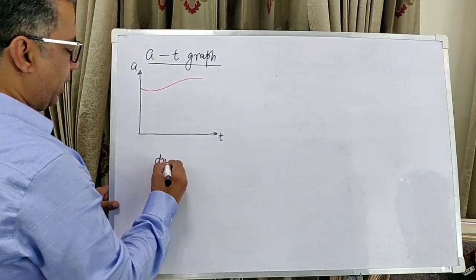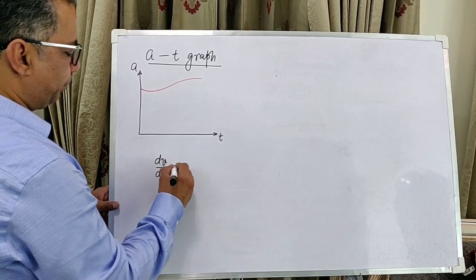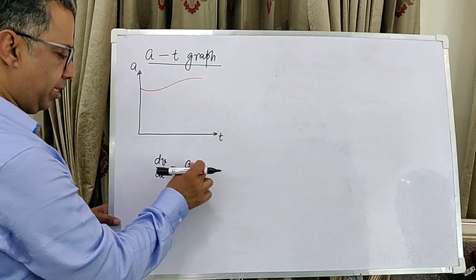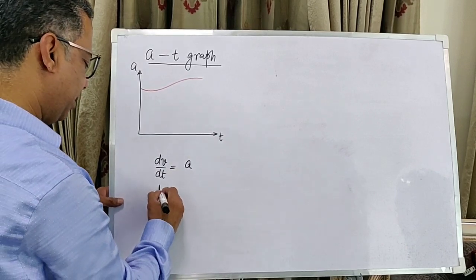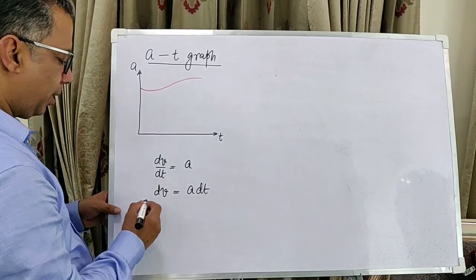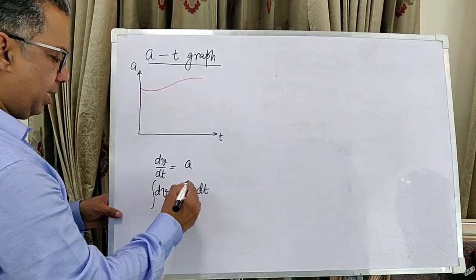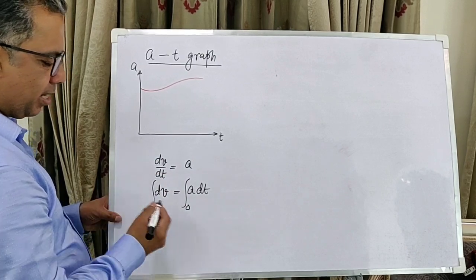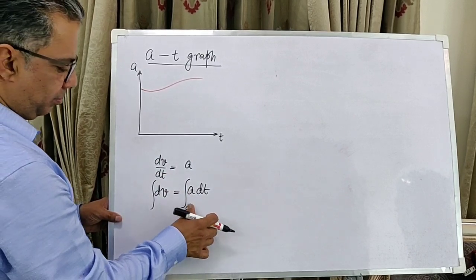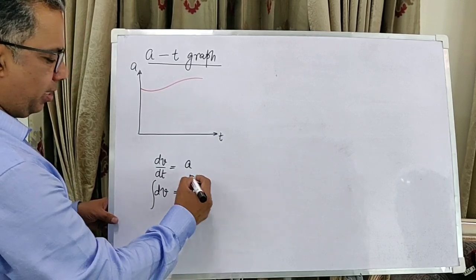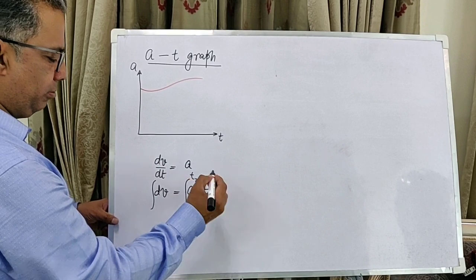Now, dv by dt equals a. We take this dt onto the right hand side. dv equals a dt. Now let's integrate both sides of the equation. Let's say we start at time t1 and we continue integrating till time is t2.